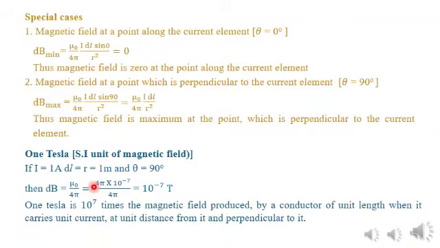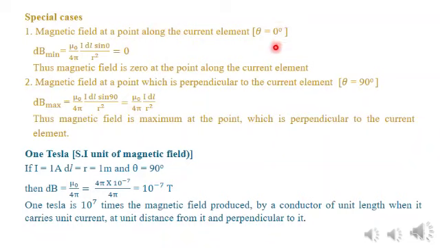We know that theta is the angle between the current element dl and distance r. When we are calculating the magnetic field at a point which is along the current carrying element, then the angle between dl and r is 0.